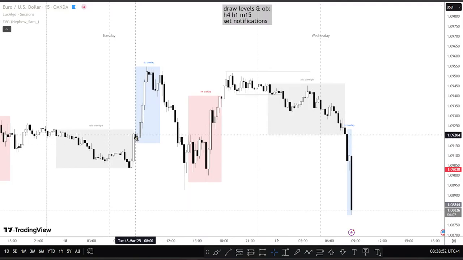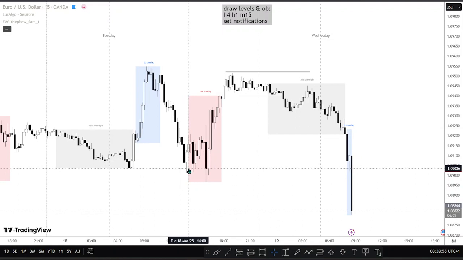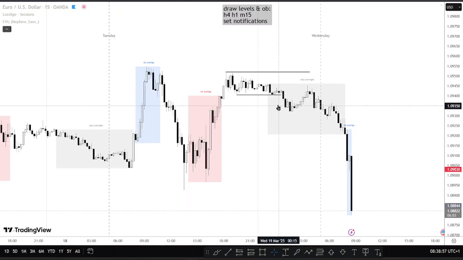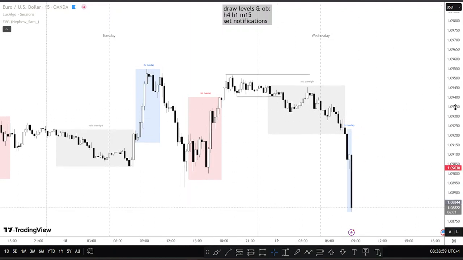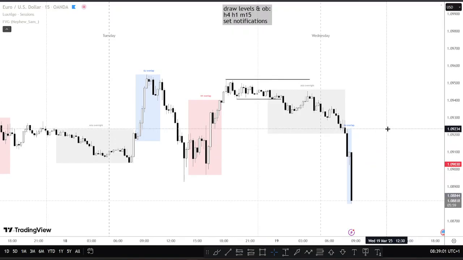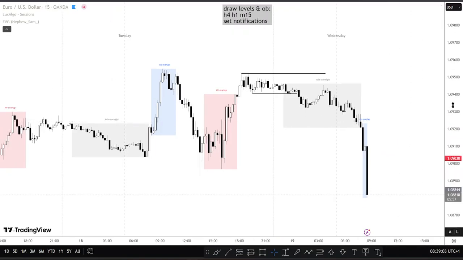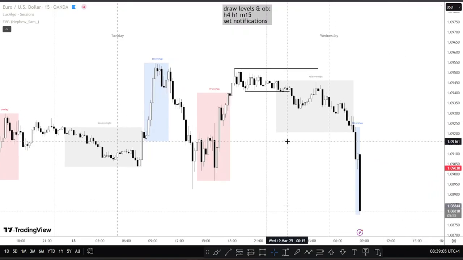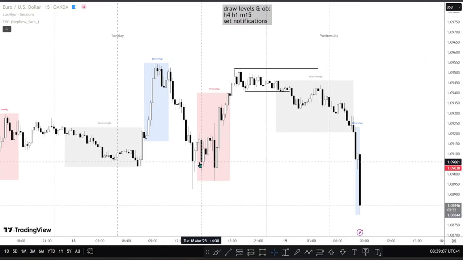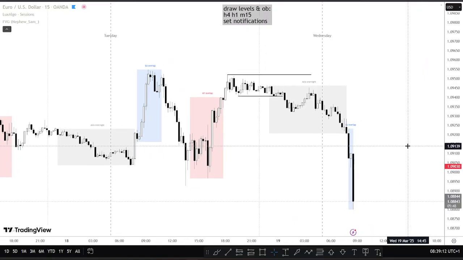You notice the time, 1400, this is +1 GMT, and currently we have an offset for summertime DST. The US is using DST, so they're offset 1 hour earlier than normal for us, and it's going to be like this for about 10 more days or so. Then we're going back to another time.